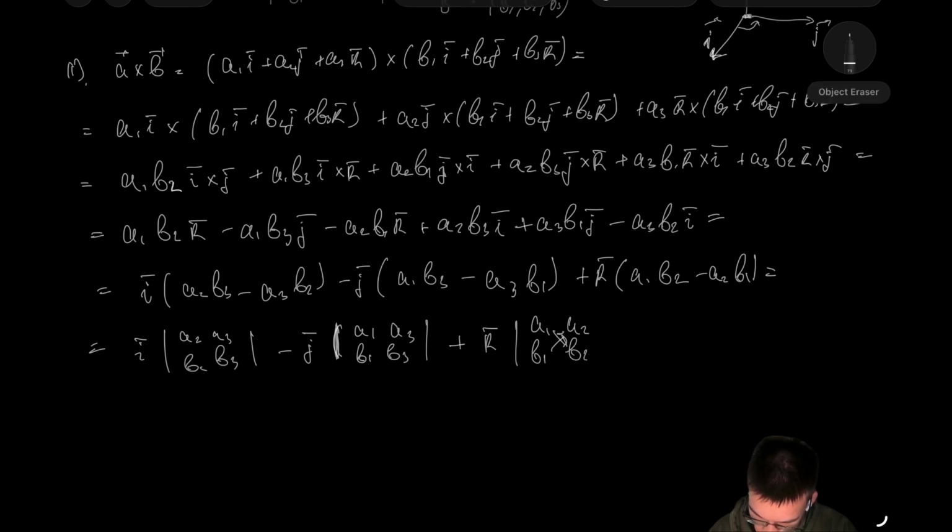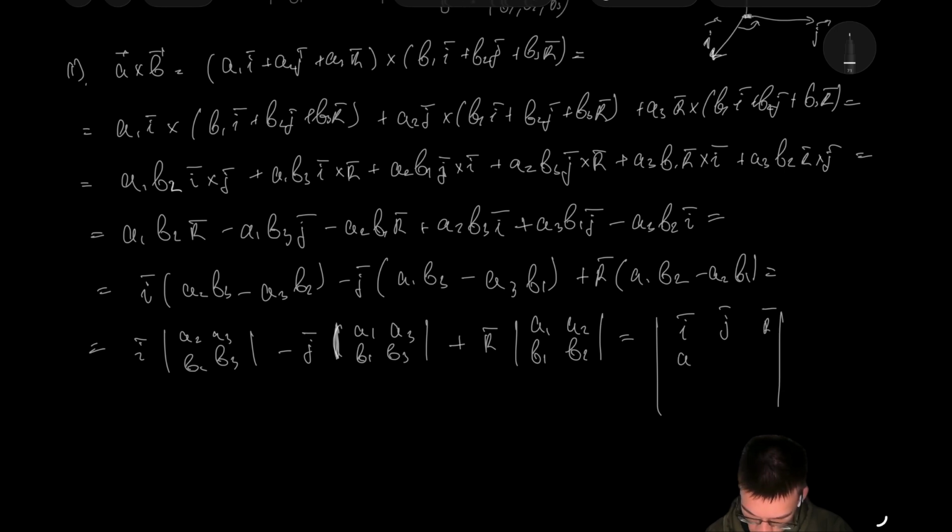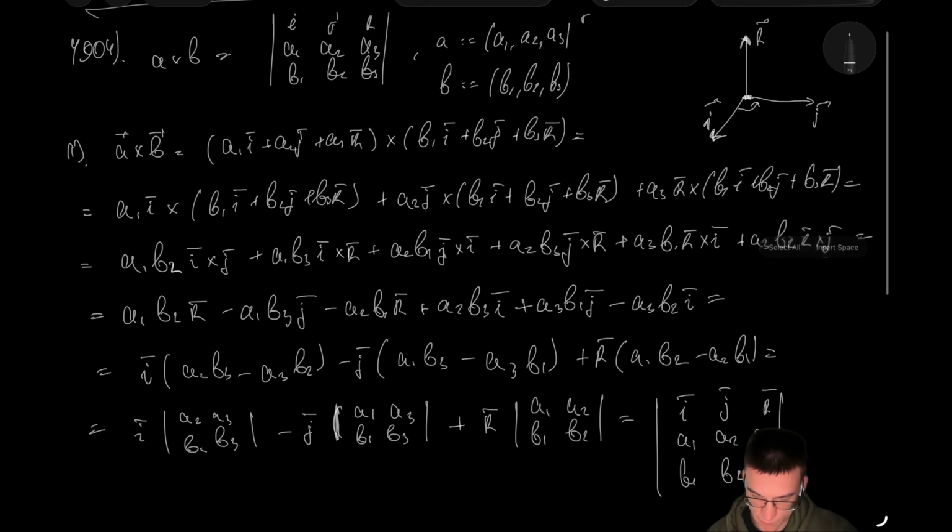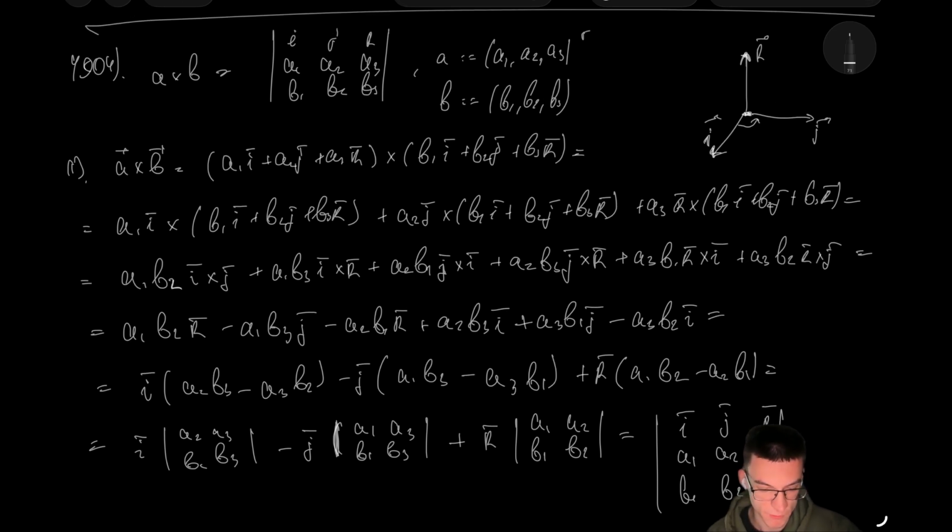This is the multiplication rule here. And yeah, that looks correct, which is exactly i, j, r, and then a1, a2, a3, b1, b2, b3, using the standard decomposition of a determinant of the third order. So that's pretty much it. That's the whole proof behind this problem. Pretty easy problem today.